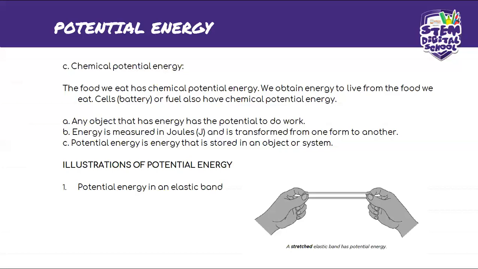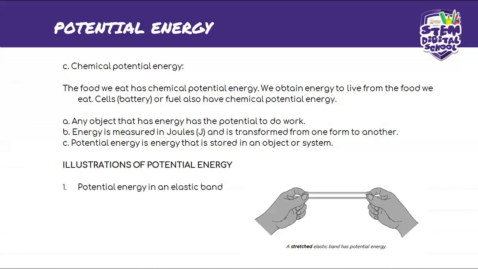So it has changed from its initial position, that is when it was having what? Potential energy, and then it falls down. Then the potential energy is changed to what? Kinetic energy. All right. Potential energy is energy that is stored in an object or system. So I've just said that.